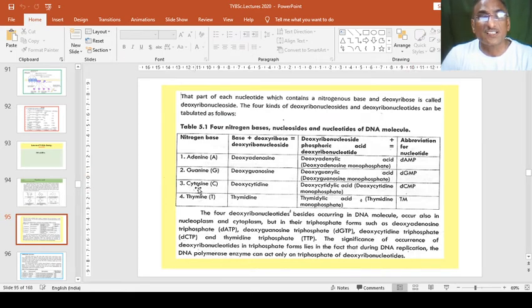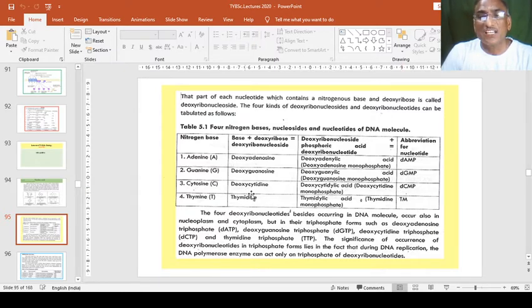Third is cytosine, symbolized as C, and its base and deoxyribose form deoxycytidine, a type of nucleoside. And if we add phosphate, it will form deoxycytidylic acid, or deoxycytidine monophosphate, dCMP.